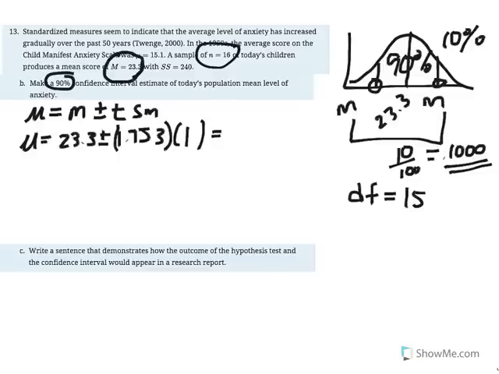So let's do the high end first. So essentially we're taking 23.3 and adding, since we're multiplying by 1, adding 1.753, and we get a value of 25.053. So I'm going to clean this up a little bit so we see what we're doing.